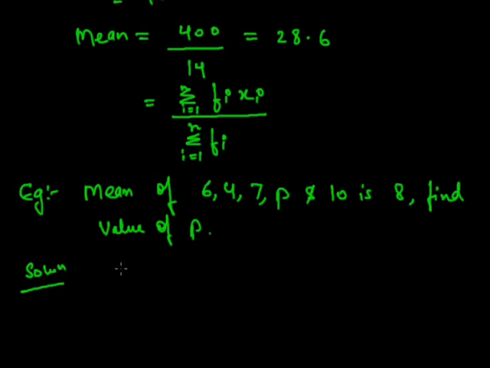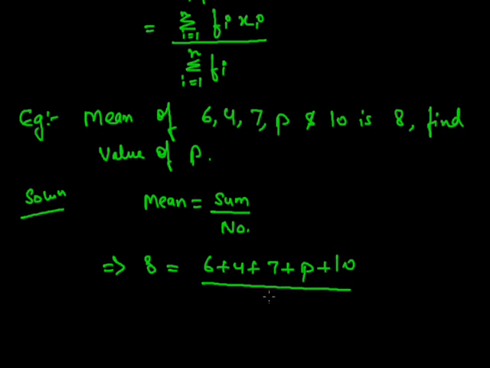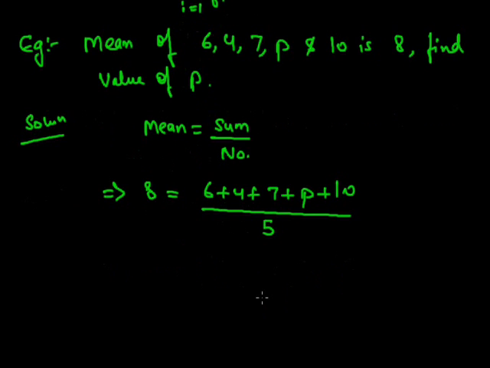How to do it? We know that there is only one formula for mean, that is mean is equal to the sum of observations divided by the number of observations. As you can see, the mean given is 8. The sum of observations is 6 plus 4 plus 7 plus P plus 10, divided by the number of observations, that is 5. Now we need to find the value of P.